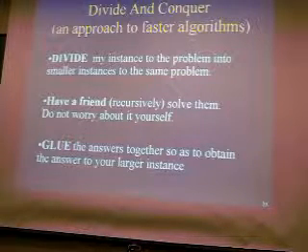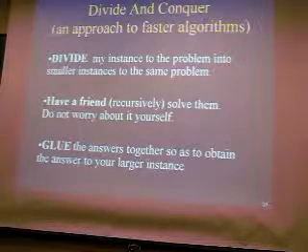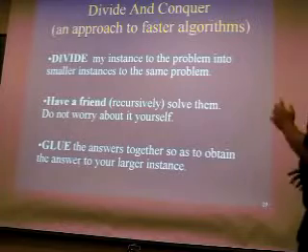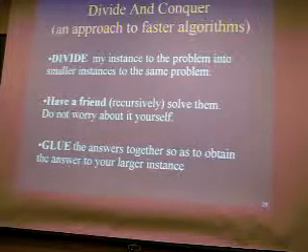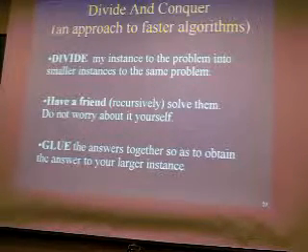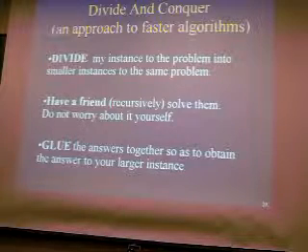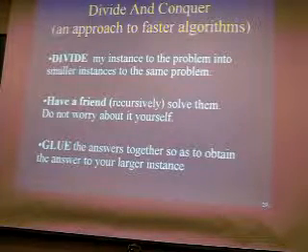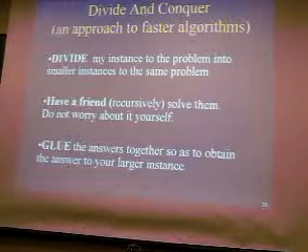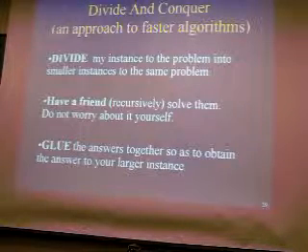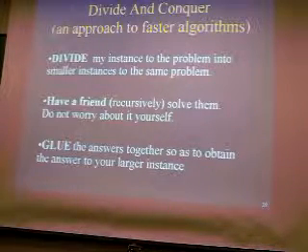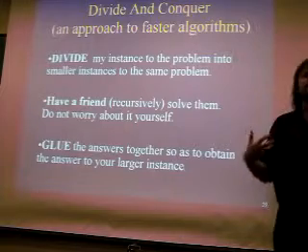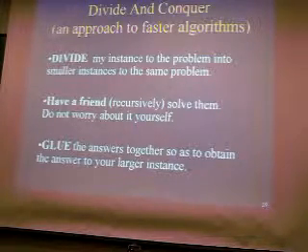Recursion's not so hard. The key to recursion is that you get help from your friends and you don't micromanage them. You have a sense of what they can accomplish, you ask them and you trust them. That's all you have to do for recursion. So I have some instance of my problem.